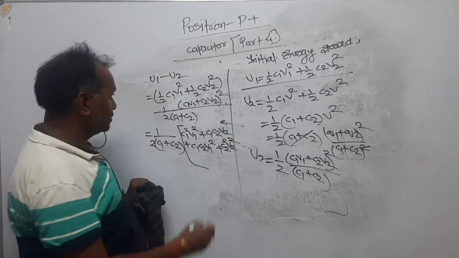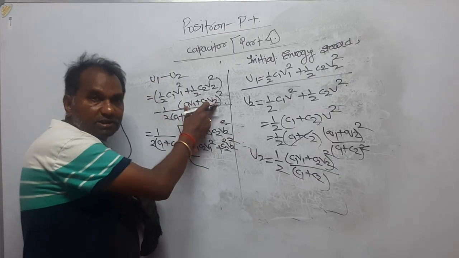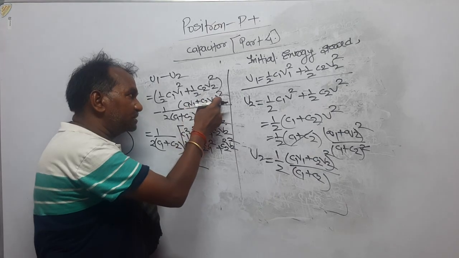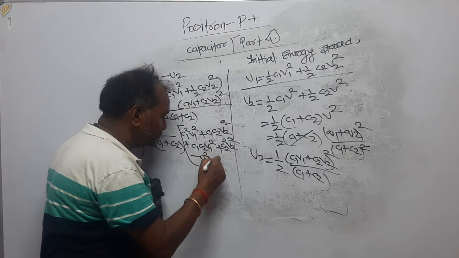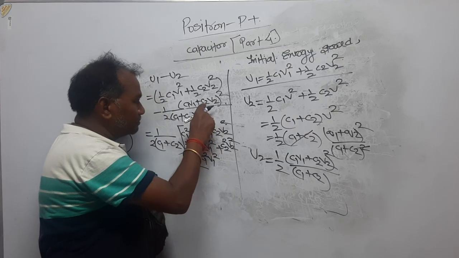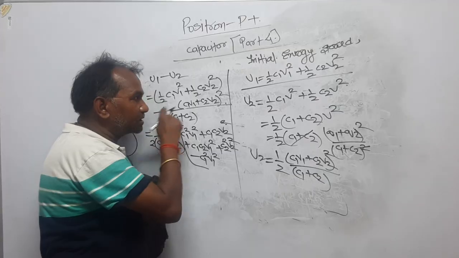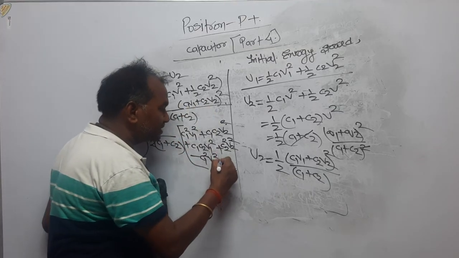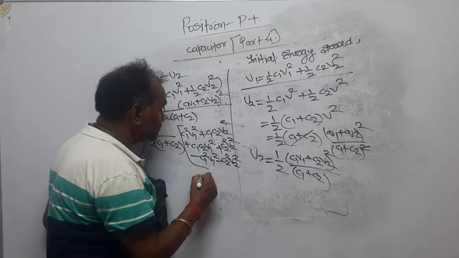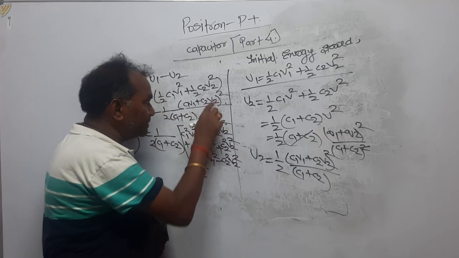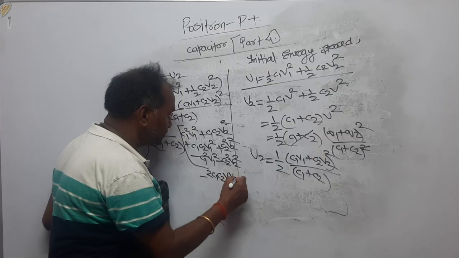Now minus and whole square of that much, open this bracket, it is minus C1 square V1 square plus C2 square V2 square. Before the bracket there is a minus, when you open it it is minus C2 square V2 square and then minus 2 C1 C2 V1 V2.